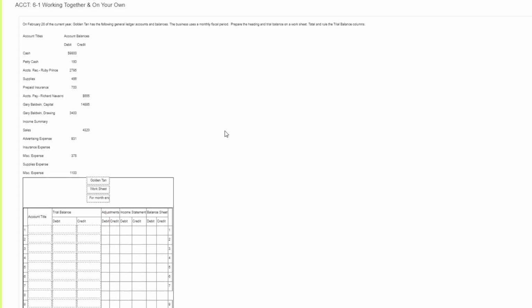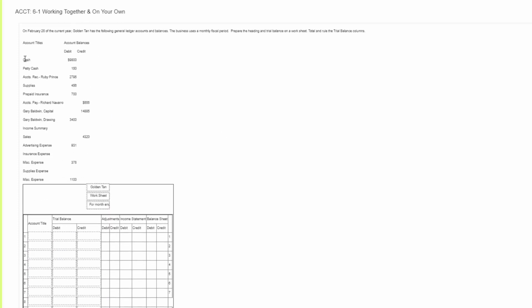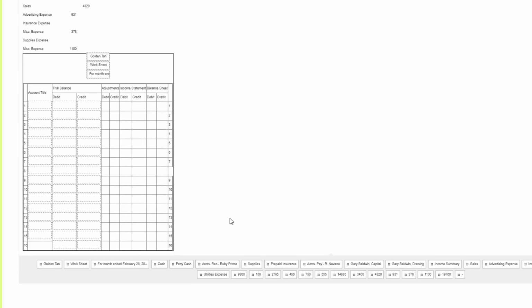So now that I've got that done, I'm going to just work my way down, listing all of my account titles in order of the chart of accounts. The first one I'm going to do is cash, and then petty cash, accounts receivable, supplies, and prepaid insurance. Those are my assets.